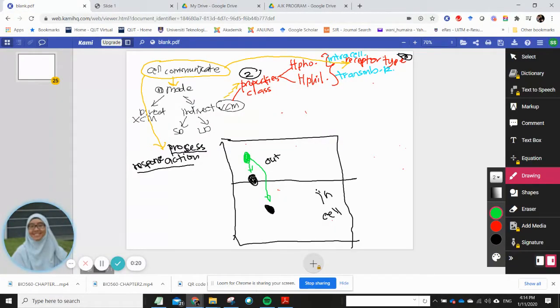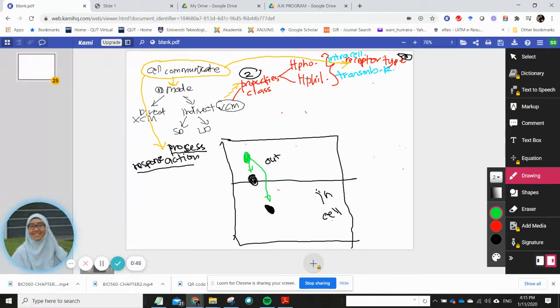So cell communicates. The modes is whether direct or indirect. So the concept for this direct or indirect communication, whether the chemical messenger involved or absent. Okay. So when we know chemical messenger involved in communication, we have to know the properties of the chemical messenger. So there are two properties, hydrophobic or hydrophilic.